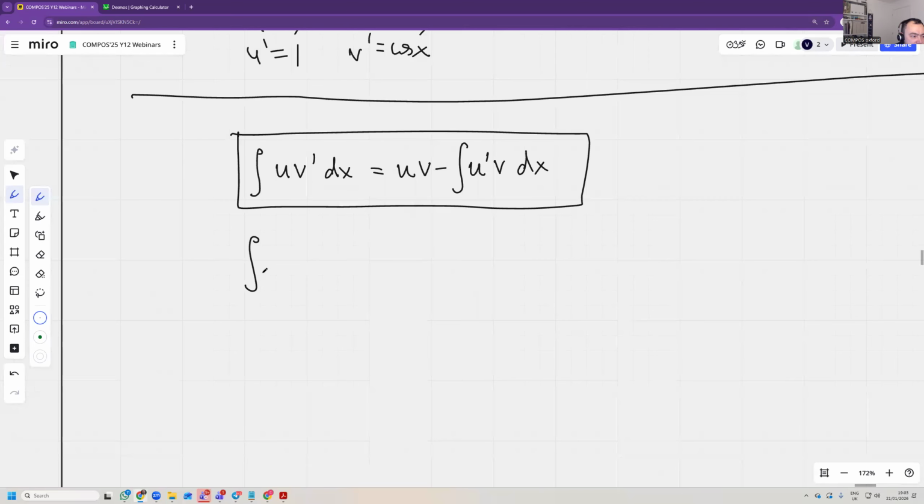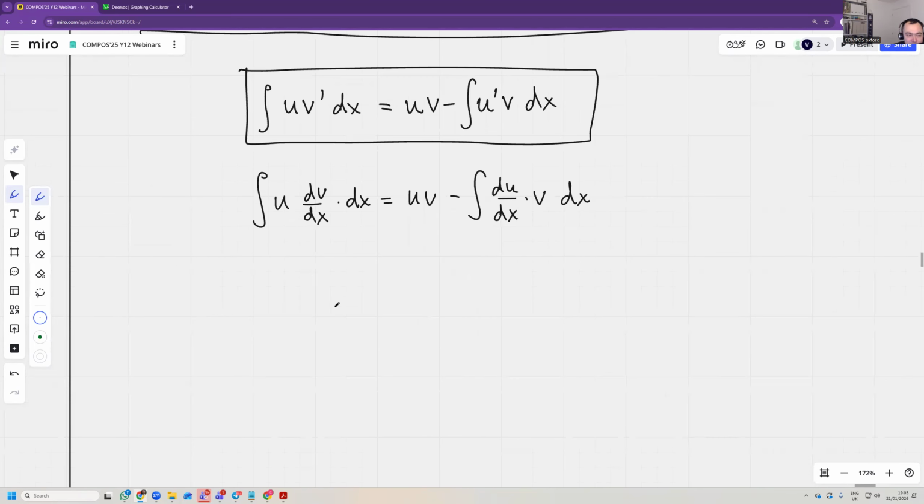You could write integral of u, well, v dash is dv dx, multiplied by dx equals uv minus integral of u, du dx times v dx. Or the advanced version where you can cancel out the dx's.